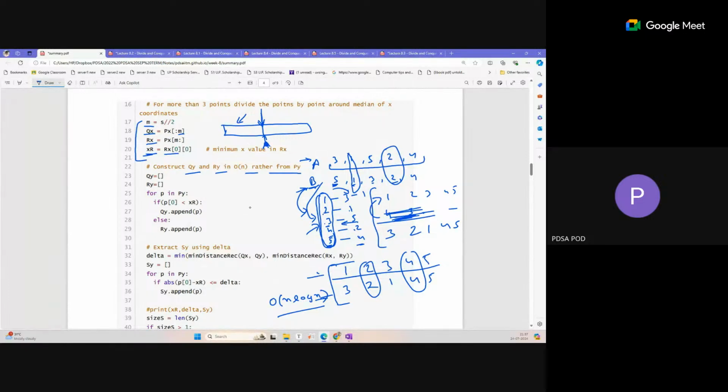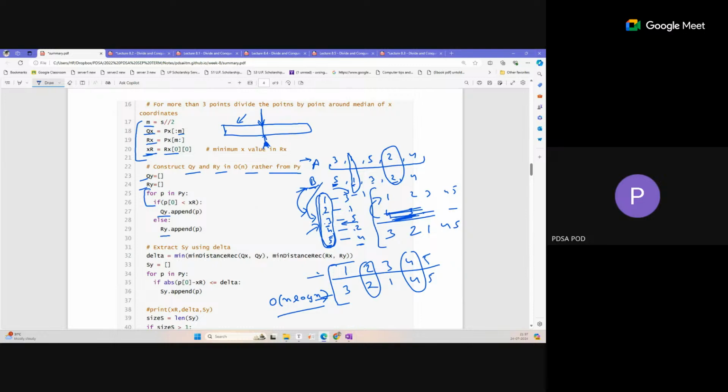And the same thing we will do with Y, based on the Y coordinate. We will also separate all the elements based on the Y coordinate, Qy and Ry. By looking at this loop, we are appending all the points into the Qy area and Ry area.